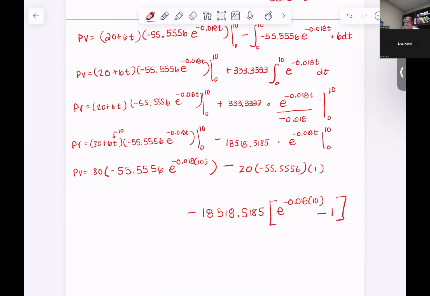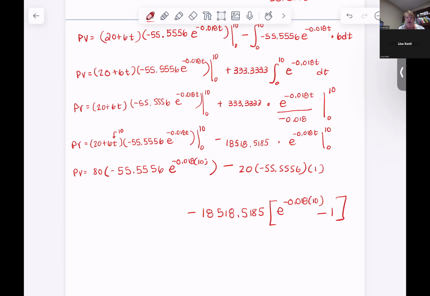So this is the calculation that I'm going to put into my calculator to calculate the present value. So 80 times negative 55.5556 times e to the minus 0.018 times 10, minus 20 times negative 55.5556 times 1, minus 18,518.5185 times e to the minus 0.018 times 10 minus 1. All right, is that good enough for you?